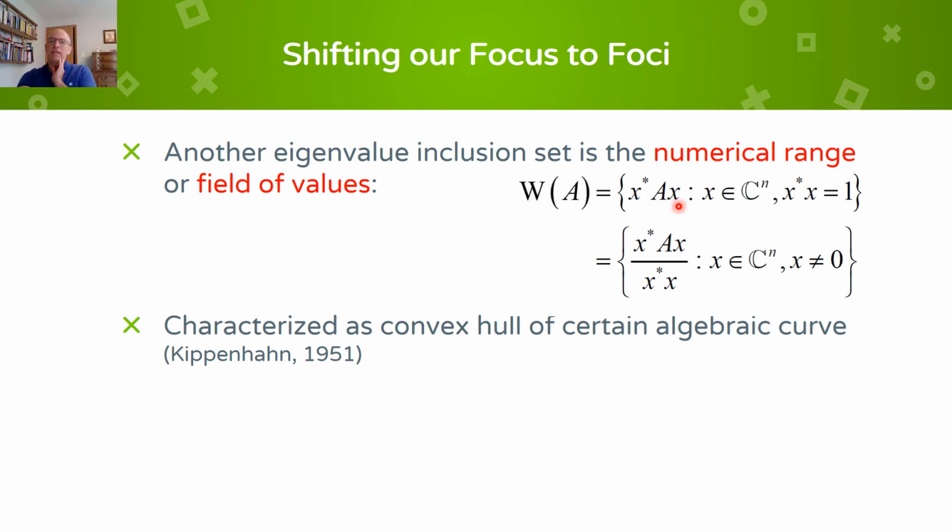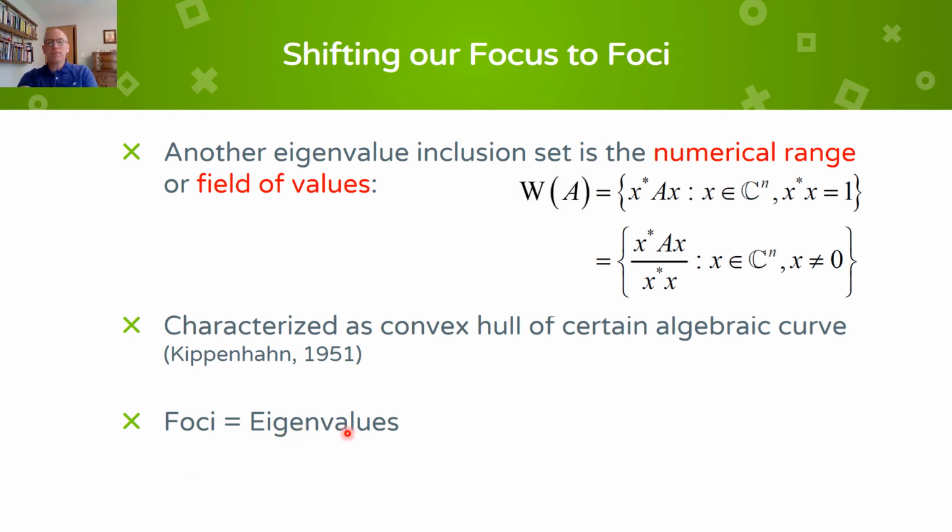You can substitute a lambda x where that Ax was, and it works just fine. But not only is there containment, but the relationship to the algebraic curve is interesting. In fact, the foci of that boundary generating curve that Kippenhahn found are the eigenvalues. So here's the relationship between geometry and linear algebra coming at us.